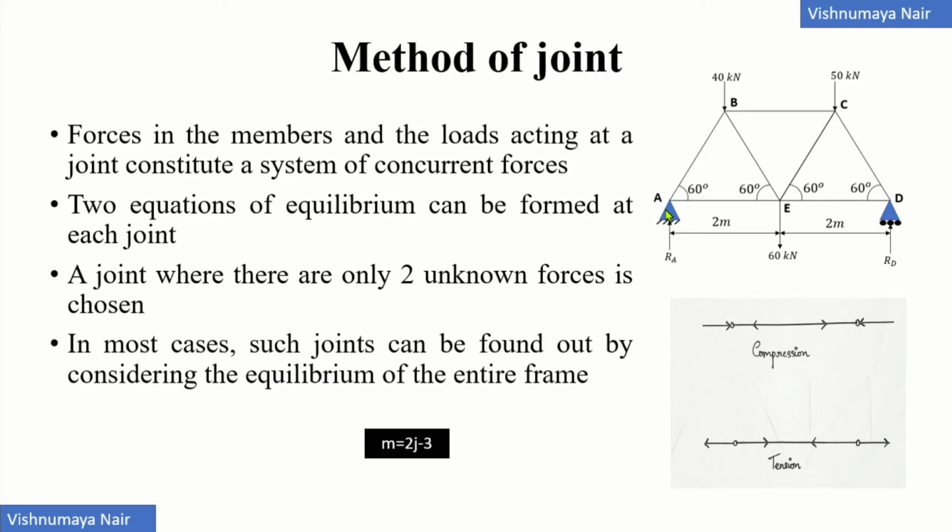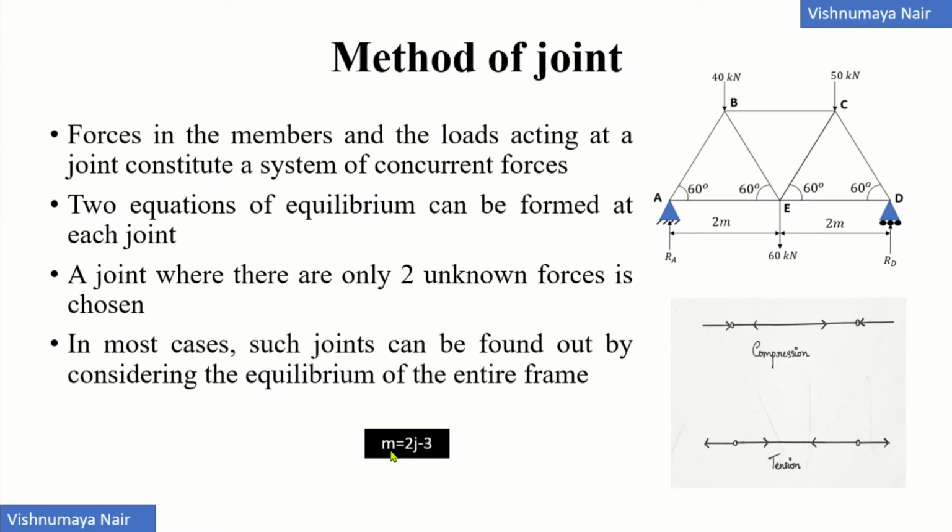In most of the cases, such a joint with only two unknowns can be found out only after finding out the reactions at the support by considering the equilibrium of the entire frame. So after finding out the reactions of the supports, we'll have joints where there are only two unknowns and start the analysis.